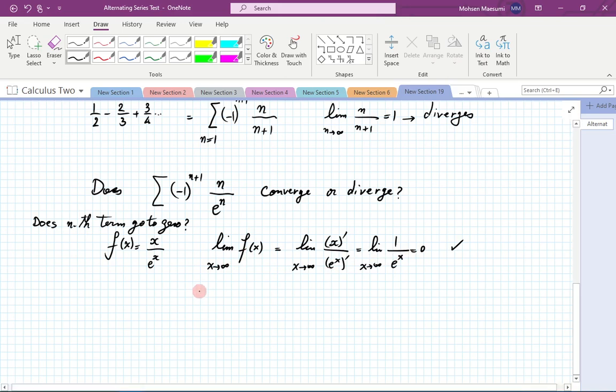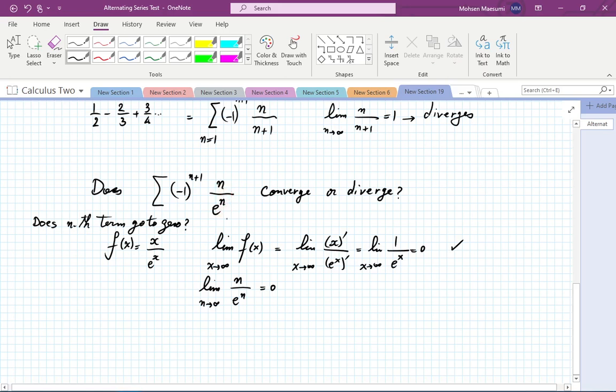As a result, we can easily say the limit of the nth term, n over e to the n, as n goes to infinity, is 0. Well, is that it? If the terms go to 0, does that mean the series converges? Well, the main catch in this problem is to establish that the terms of the series are actually decreasing.